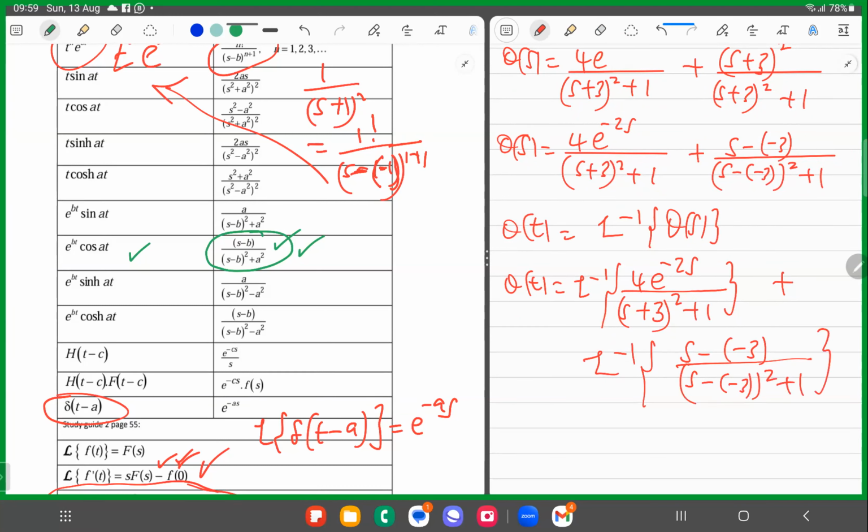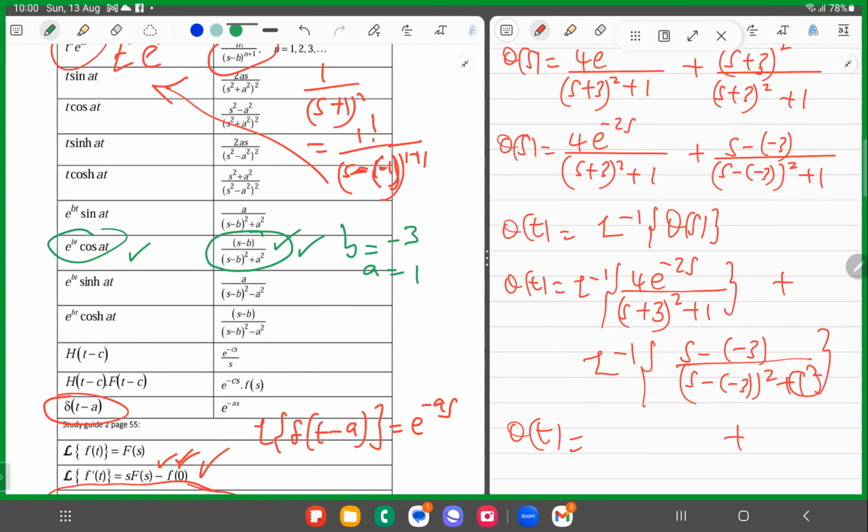Okay, so we have this, which means theta of t is this. Right, so you need to do the Laplace transform. The other one is exactly like this, with plus 1 squared. So it is b. Here the b is minus 3, and the a is 1 here.